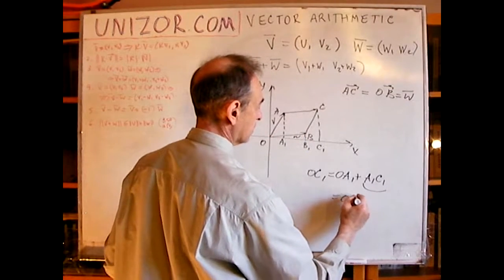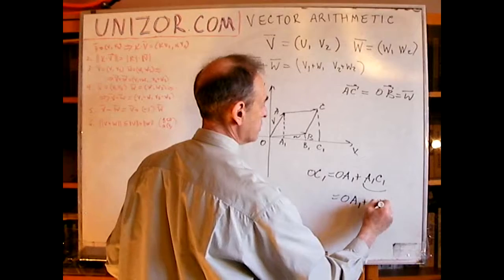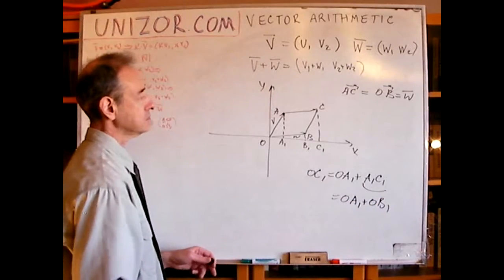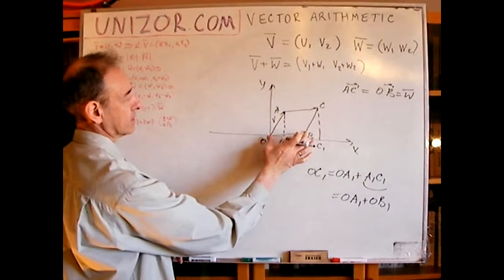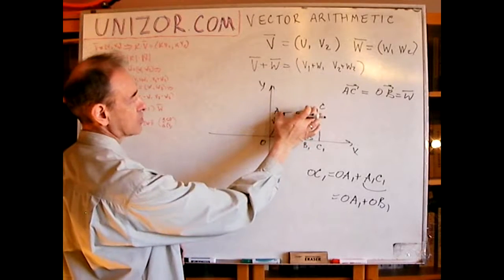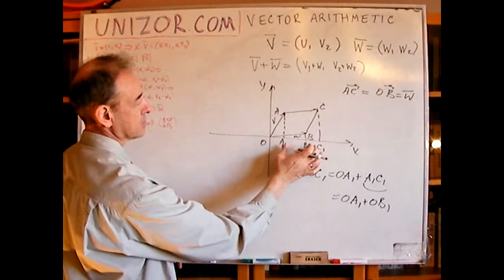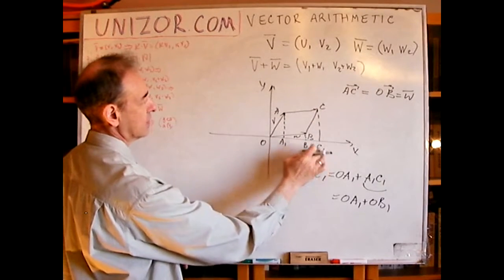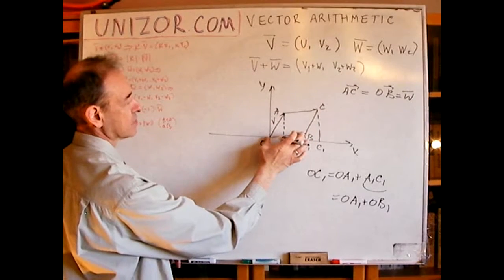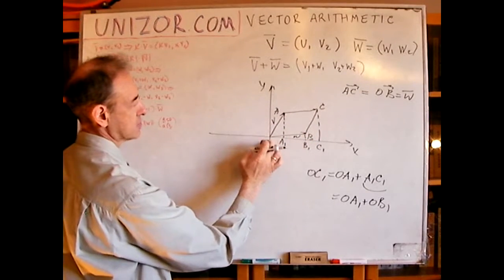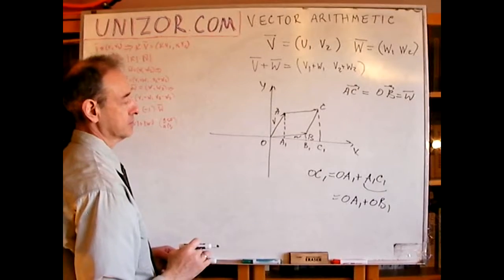So that's equal to plus OB1. This is the same vector as this one. So the projection of this vector onto the x-axis, which is A1C1, is exactly the same as the projection of this vector on the same axis, which is OB1.